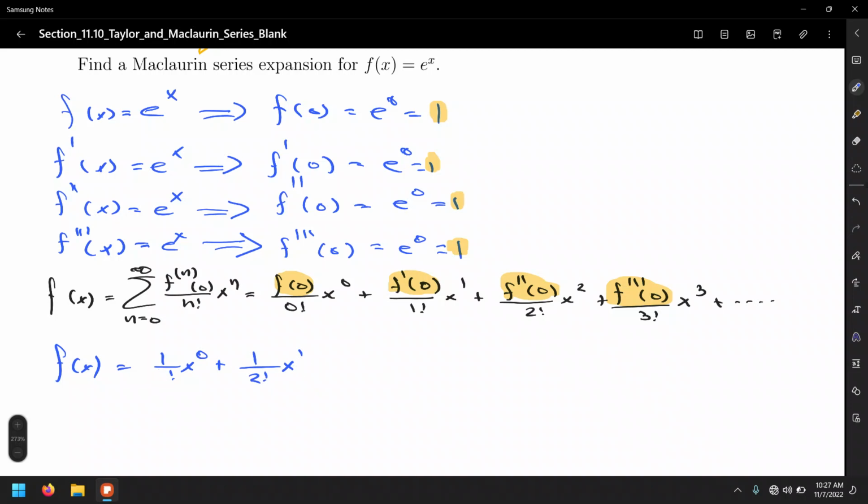Wait, no, that's a 0 factorial. And that's a 1 factorial. And plus 1 over 2 factorial x squared plus 1 over 3 factorial x cubed plus dot dot dot.